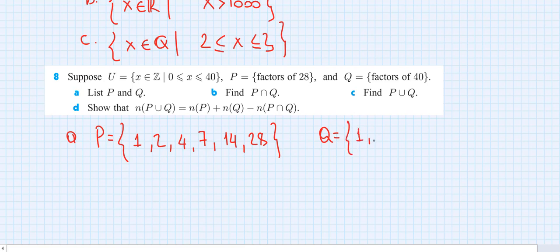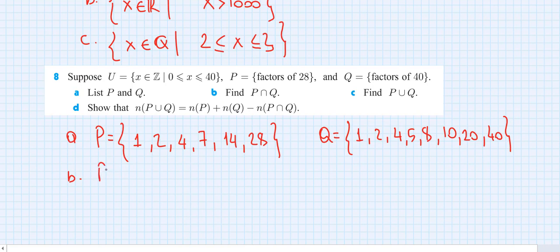And for Q, let's list all the factors. You should always start with 1, then 2, then 4, then 5, 8, then 10, then 20, and 40 itself. So these are the factors of 40. Now, in part B, what do we need to find?